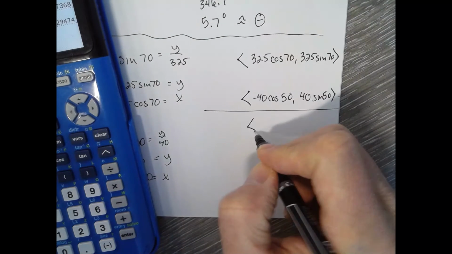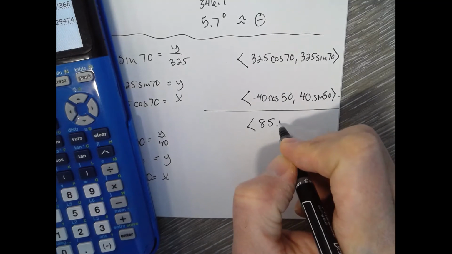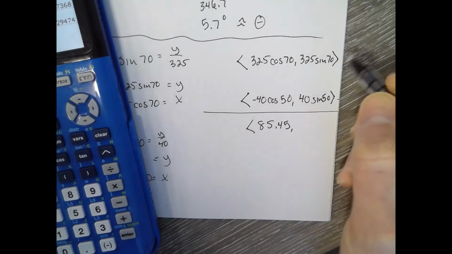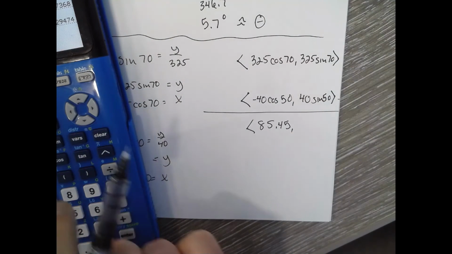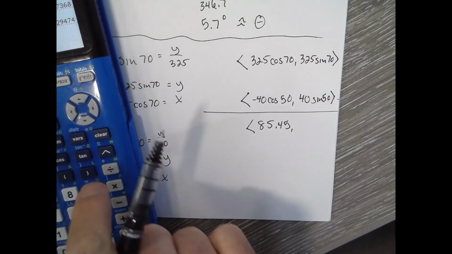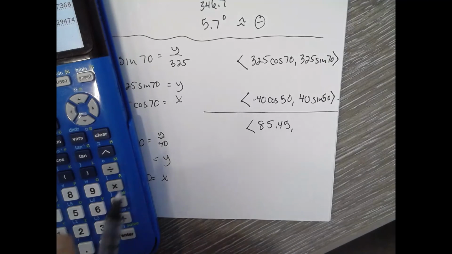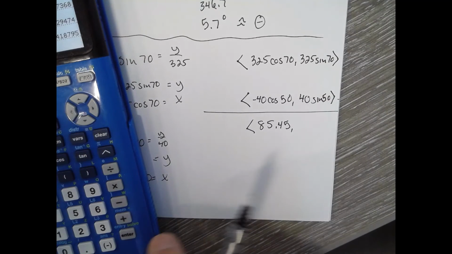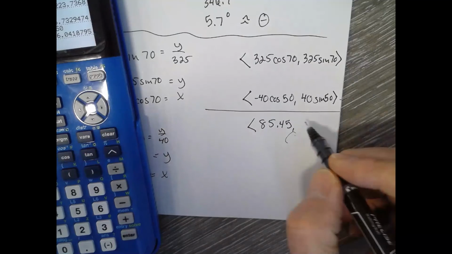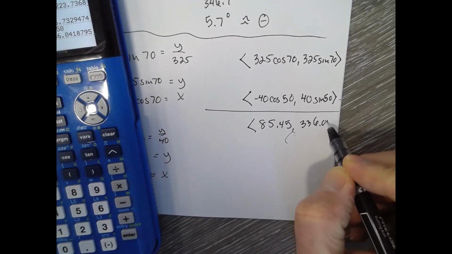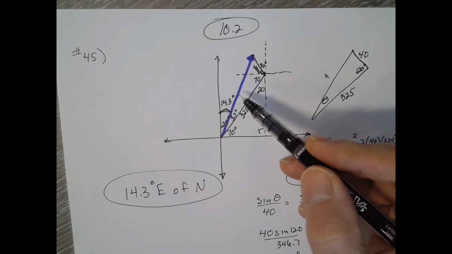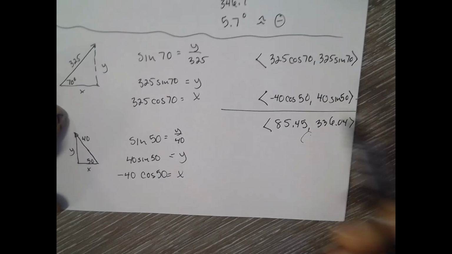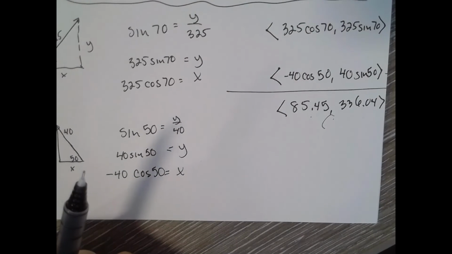I think we get 85.45 comma, and 325 sine 70 plus 40 sine 50, we get 336.04. Okay, so we got our resultant vector. This is the blue vector. We've got it broken up into the horizontal and the vertical components. We still haven't answered either of the questions.